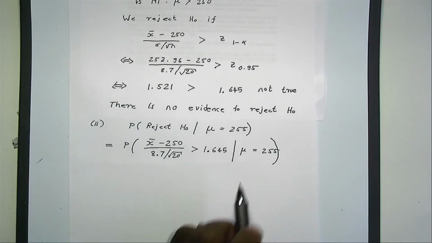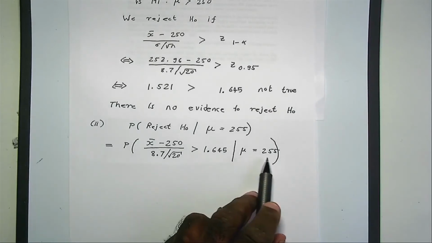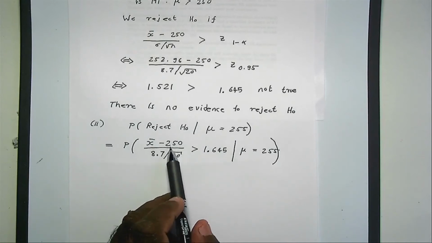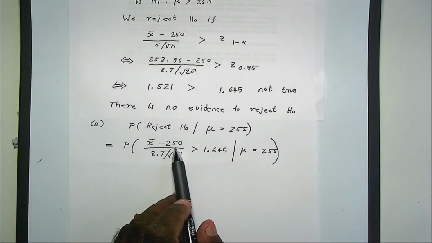Now, the true mean here is 255, not 250. So the first thing you need to do is to change this to 255.